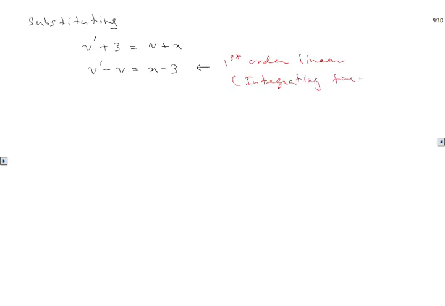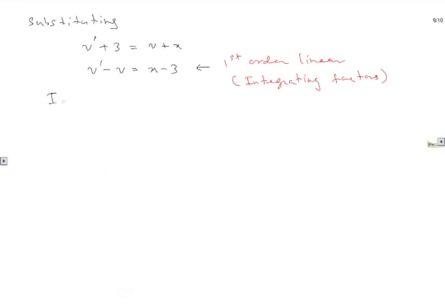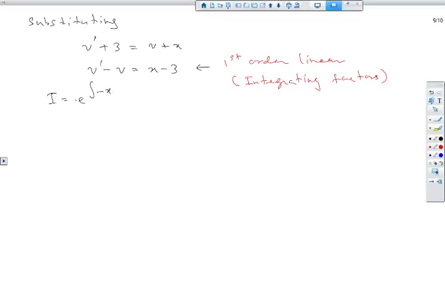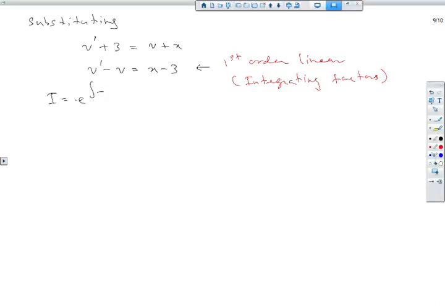Okay, we can use the integrating factor method. So what's the integrating factor here? So I equals e to the integral of negative dx, not negative x, negative dx.